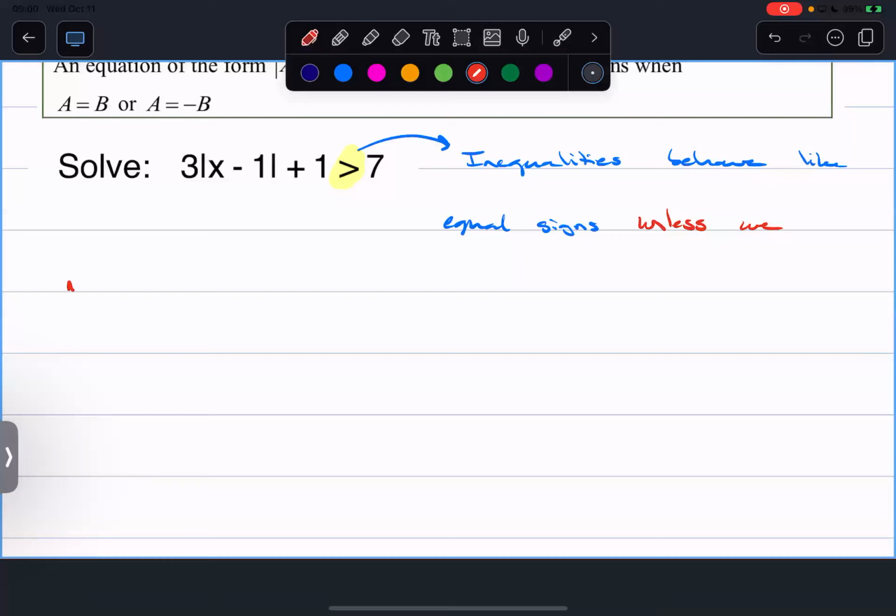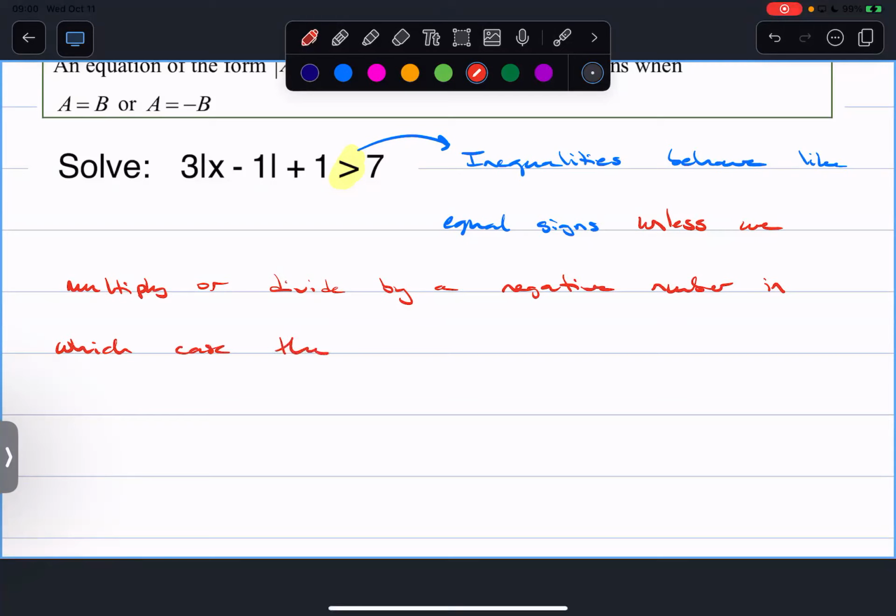But unless we multiply or divide by a negative number, in which case the inequality flips. So you always want to keep an eye out for that. But besides that, you're safe to just treat it as an equal sign, right? With that kind of stopper, right? A mental block.